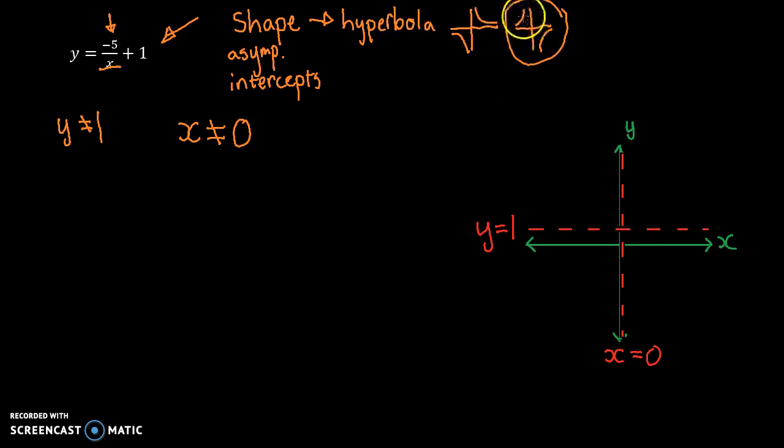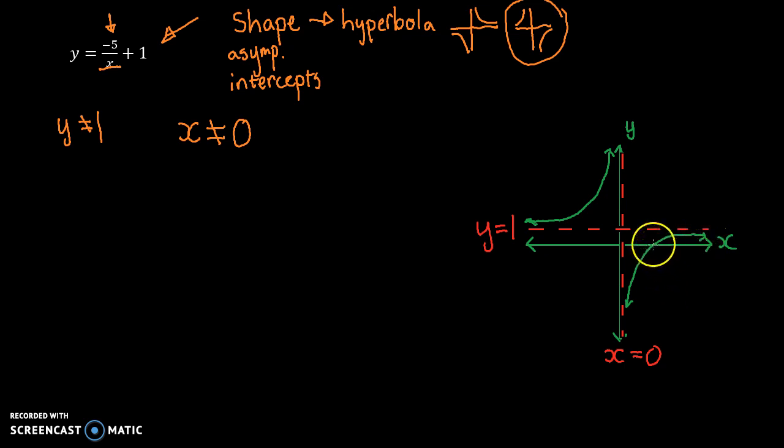Now, remember we said it was in the second and the fourth quadrant, and the trick is we can actually plot that right now. Why? Because it doesn't have to be absolutely accurate. We just need to make sure that it never goes through the asymptotes and it never touches the asymptotes. And let's put one down over here.